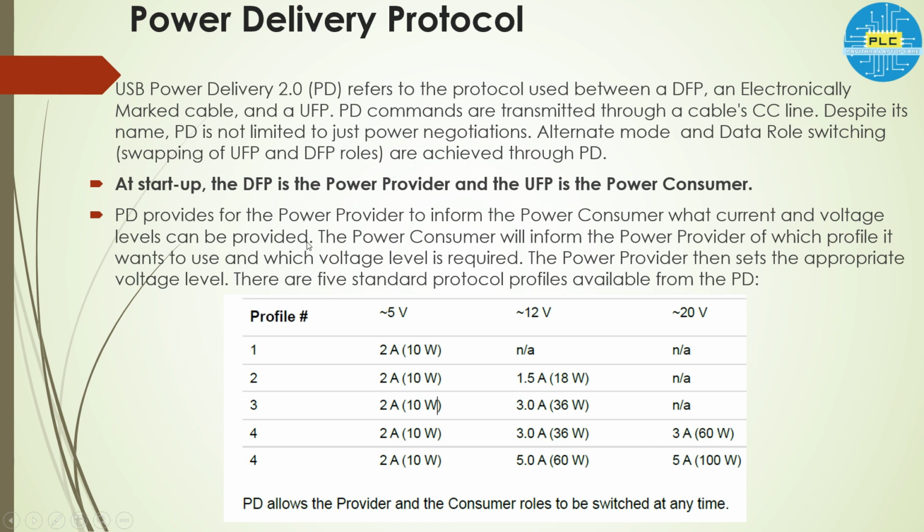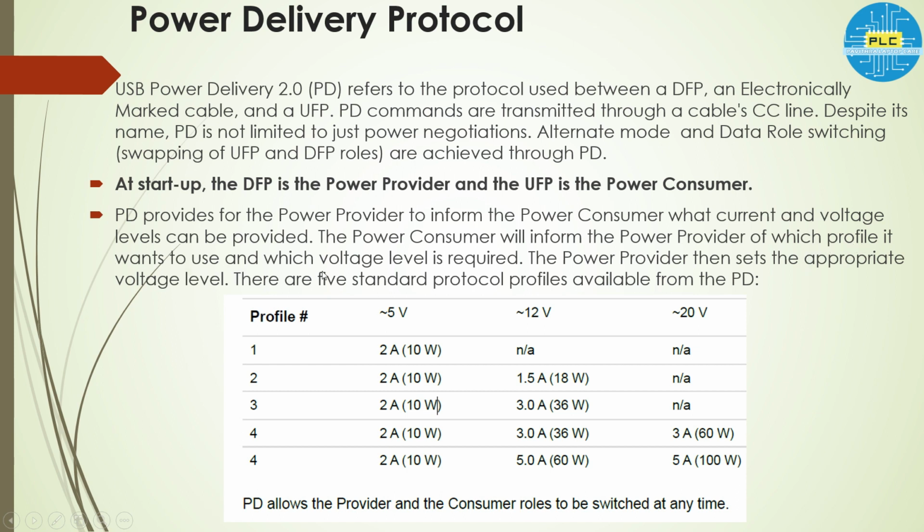See, in laptop motherboards we require 20 volts, right? But in Type-C by default it will be 5 volts, right? The PD communicates between this DFP, UFP and cable, then it will decide what amount of current is required. The power consumer will inform the power provider DFP of which profile it wants to use.